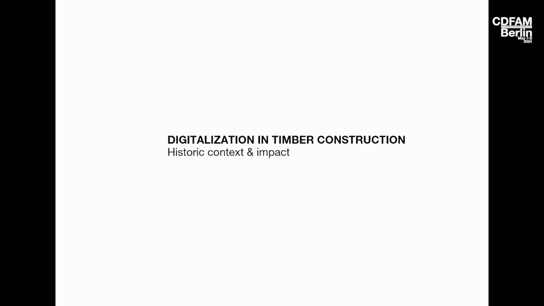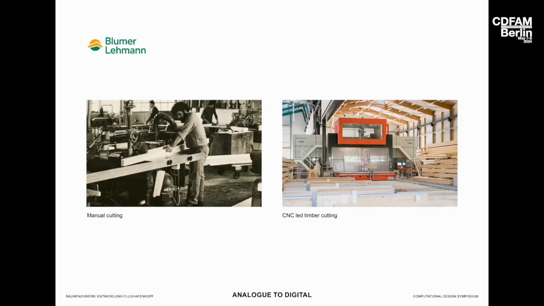The importance of computational design and digitalization within our project is also a key factor further down the road when we are going to be in the construction phase and coordination phase, because these aspects are actually quite important for the timber construction industry.